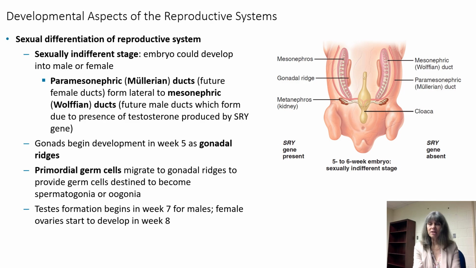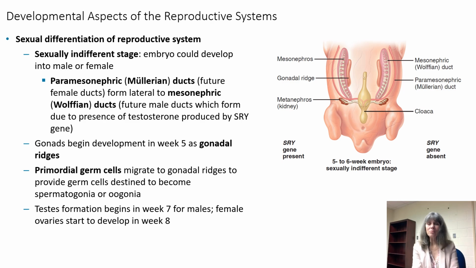There's a sex-determining region on the Y gene, and that will cause the testes to begin to form about week 7 for males. So the gonads actually begin developing around week 5 as gonadal ridges, and there are primordial germ cells that migrate to those ridges to provide germ cells destined to either become spermatogonia or oogonia.